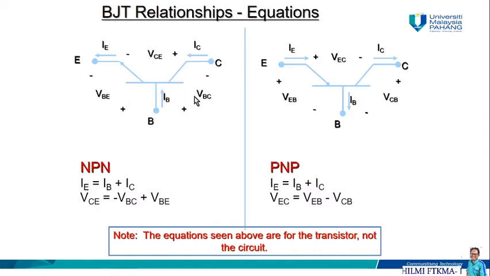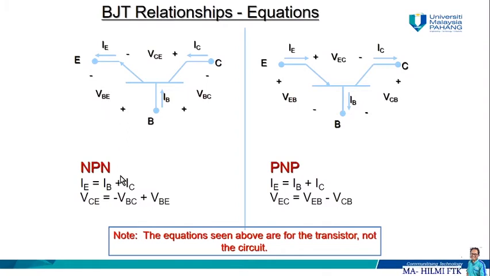We are going to have VBC, the potential difference between the base terminal and the collector terminal, B and C. And then we have voltage VBE, the voltage between B and E. We also have VCE, the voltage between C and E. So we put the letter at the front as the positive terminal. So C positive, C is in front for VCE. B positive, B is in front. If we swap to VEB, the positive will be here.